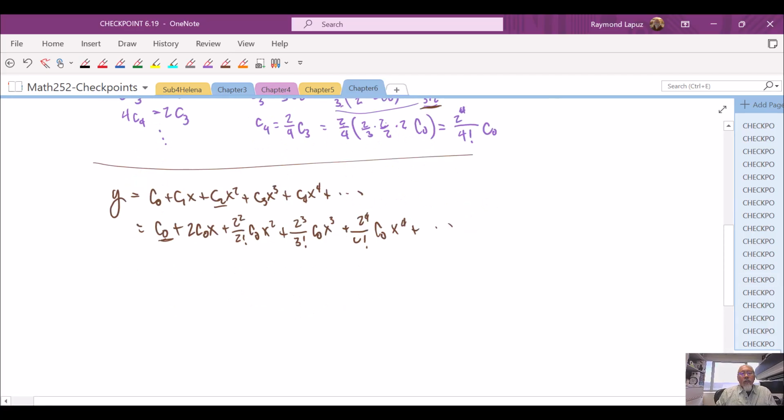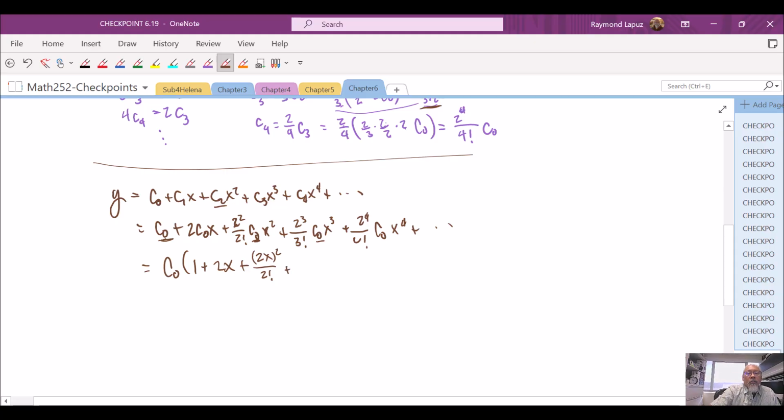So when we factor out, it looks like we're going to want to factor out a C sub 0 here. We're going to have a 1 left over there, and we're going to have a 2x left over for the next one. The C is gone here. This is 2 to the 2nd power, x to the 2nd power, so we can really just write that as 2x to the 2nd power over 2 factorial. And C's gone.